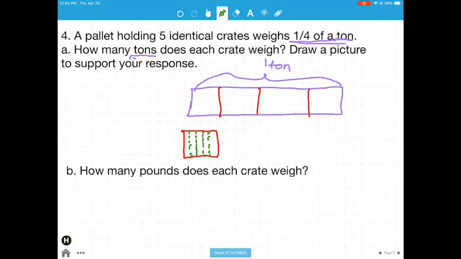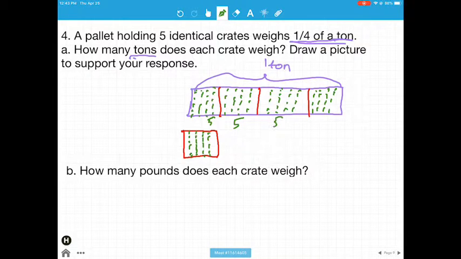Okay, now when we divide that into fifths, it's not just 1/5. We have to divide the whole thing into fifths. Each section into fifths. And that gives us 5, 5, 5, 5, which is 20.